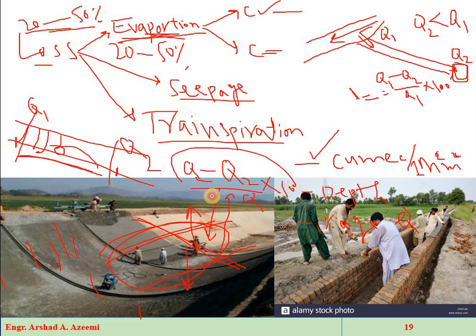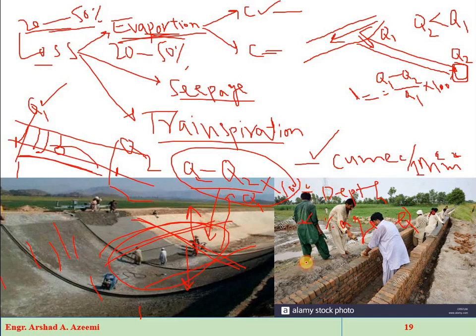So that will be taken as a percentage loss, showing how much percent of Q1 has been lost by conveying, by transporting the water from point 1 to point 2. So that is also a representation for the conveyance losses.